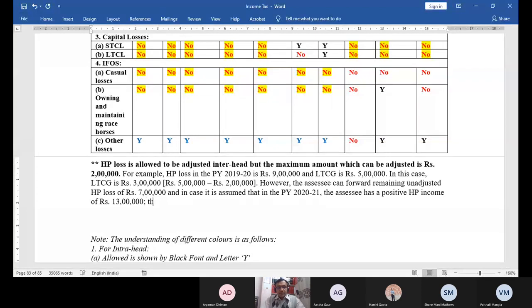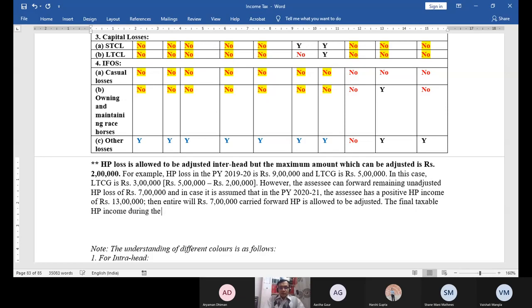Then the entire rupees 7 lakh of carried forward HP loss is allowed to be adjusted. The final taxable HP income during the previous year 2020-21 will be rupees 6 lakh only: 13 lakh minus rupees 7 lakh.